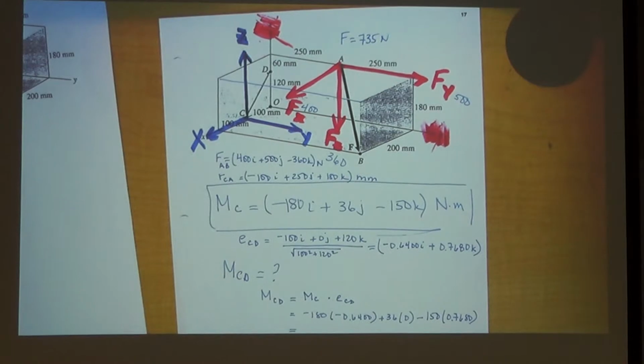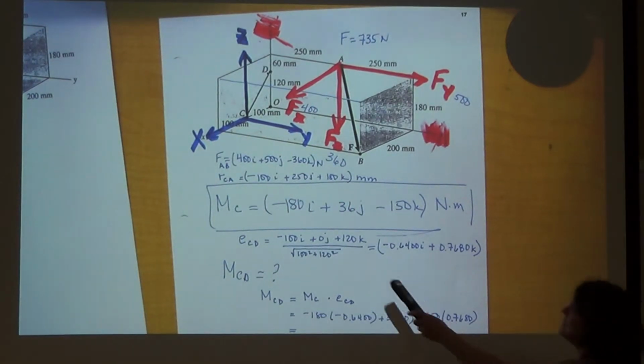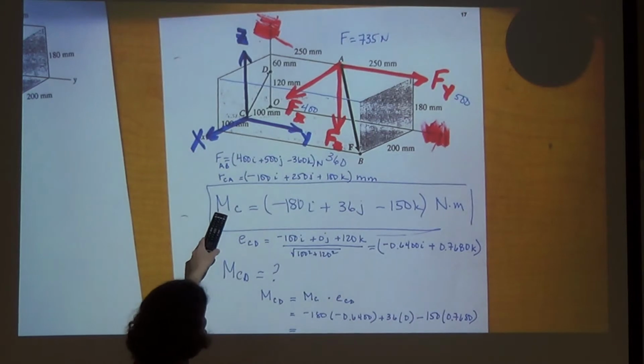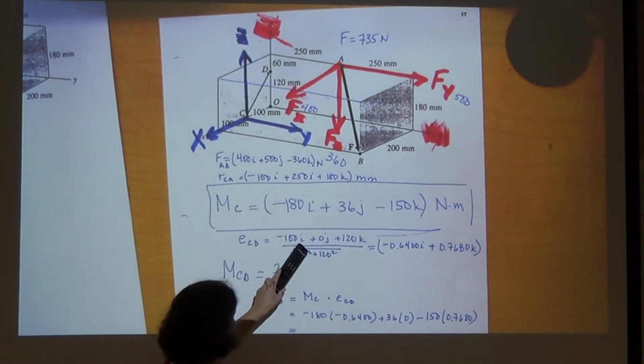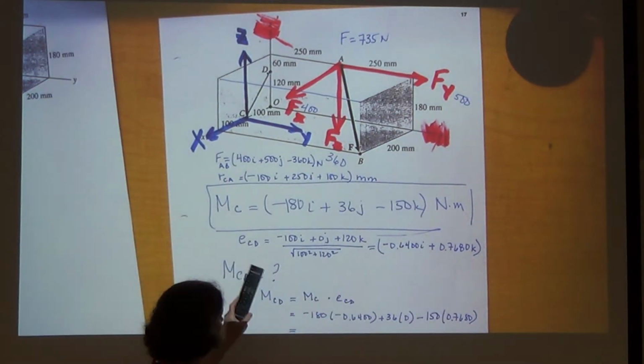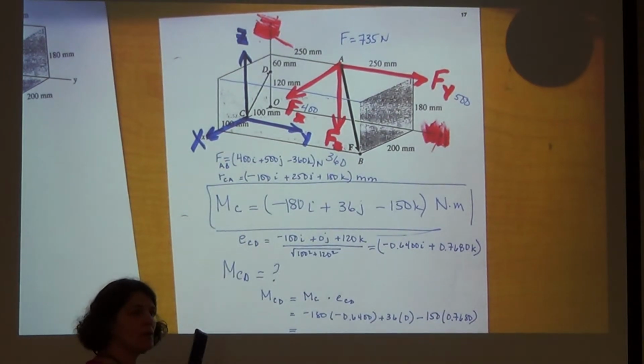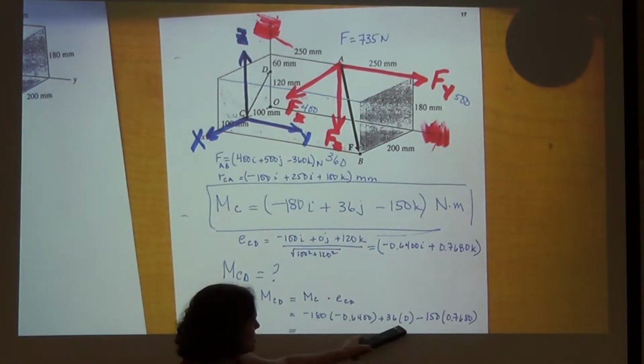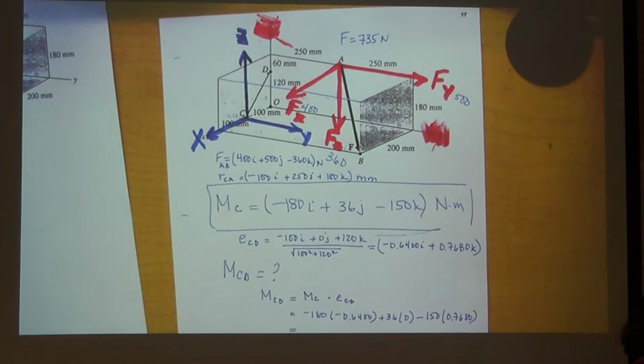Okay. So since I know the x, y, and z components of the one vector, and I know the x, y, and z components of the other vector, I'm not going to involve the angle because I don't have it. So I'm going to just do this. And in the end, what do you get?